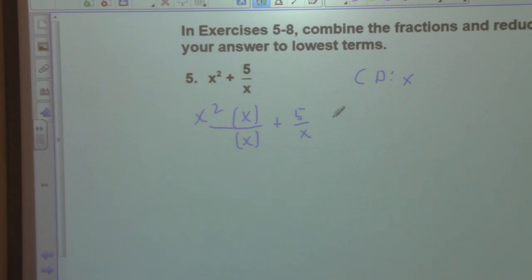And so now what I have is x cubed over x plus 5 over x, which equals x cubed plus 5 over x. Wait, why wouldn't the x's cancel? Well, they do cancel, but after you add them. You designed it not to cancel, so that you could add these together over a common denominator.